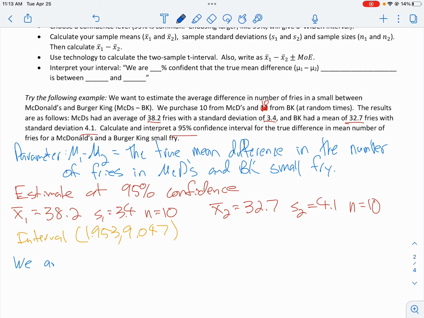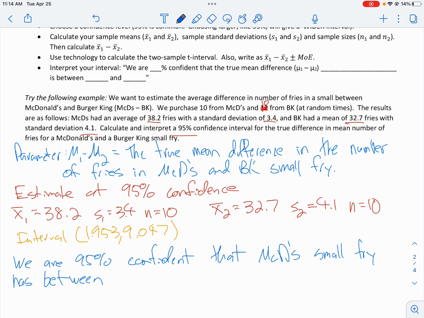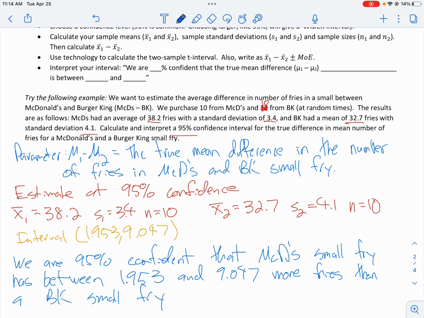So we are 95% confident this time, and this time they're both positive, that a McDonald's small fry has between 1.953 and 9.047 more fries than a Burger King small fry.